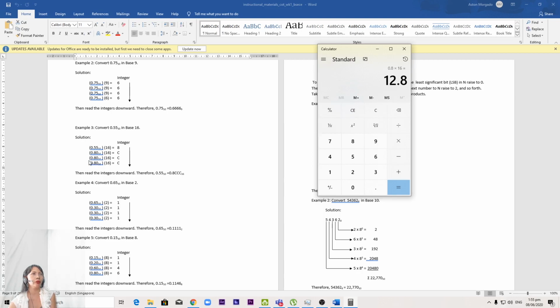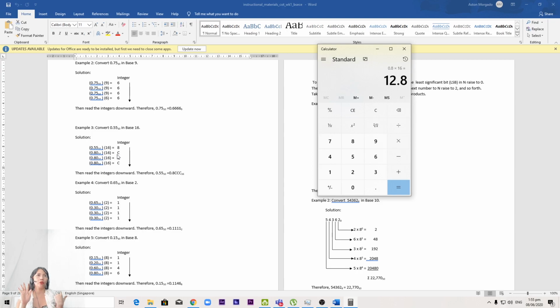So we take note of the 0.8 here, but instead of writing 12, we write C, because base 16 is hexadecimal. The valid symbols for hexadecimal are 0 to 9. After 9, we have A, that's 10, B 11, C 12, D 13, E 14, F 15.